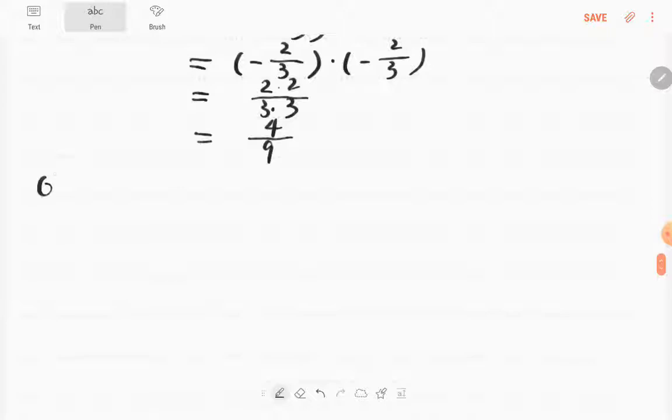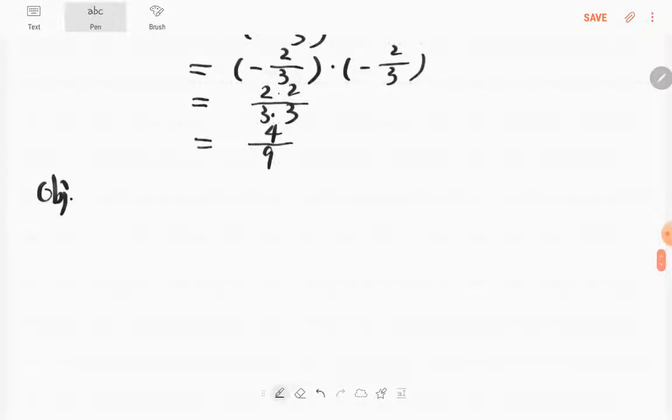So next, we talk about finding the reciprocal of a number.